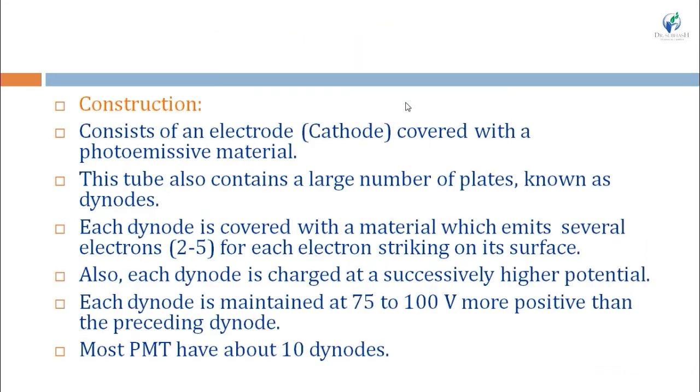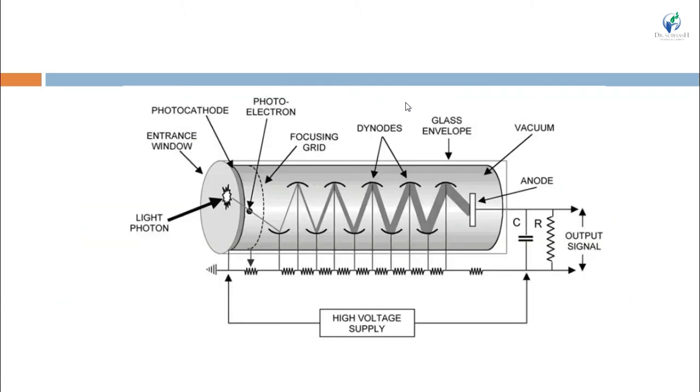Let's see first the construction of this photomultiplier tube or PMT. Here you can see a glass envelope. In the glass envelope there is vacuum, right? Now see, this is the photocathode, means this is the cathode.